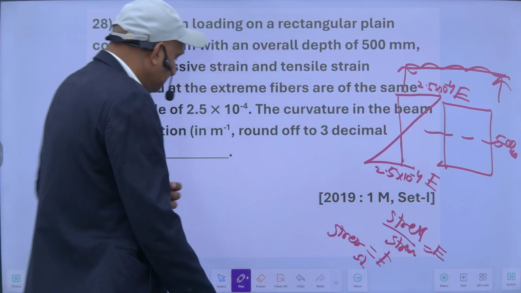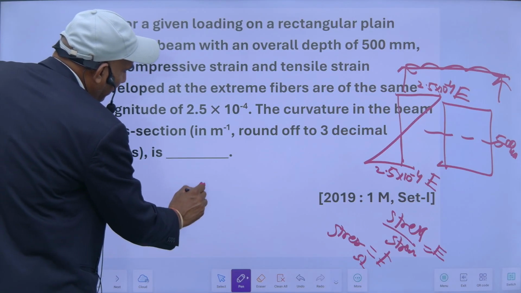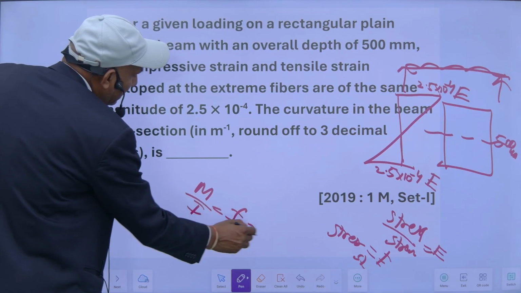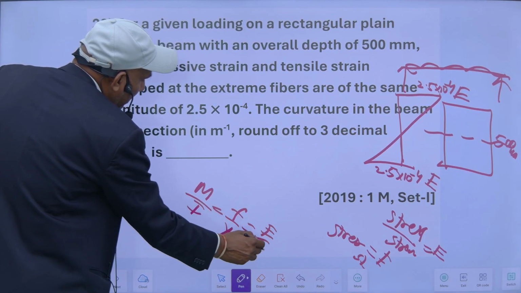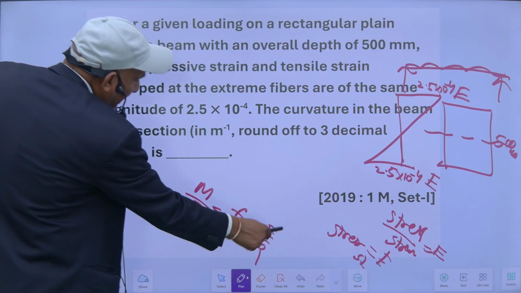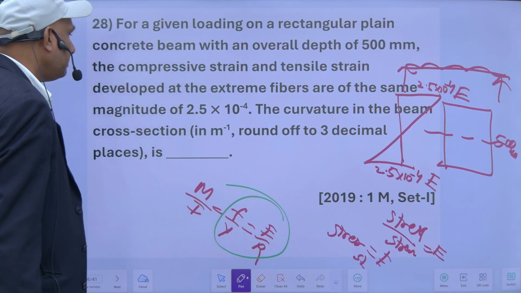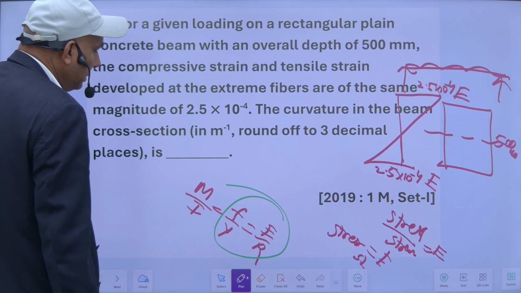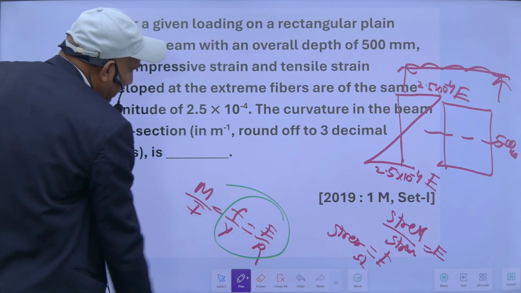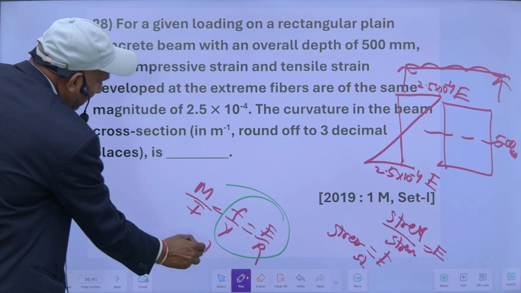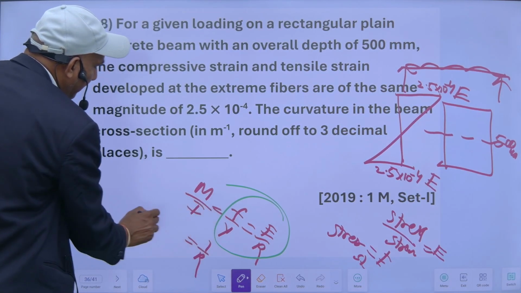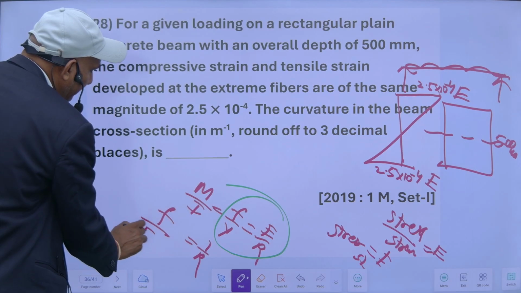As we know, M upon I is equal to F upon Y is equal to E upon R. So with this equation, the curvature, which means 1 upon R, will be equal to F upon EY.